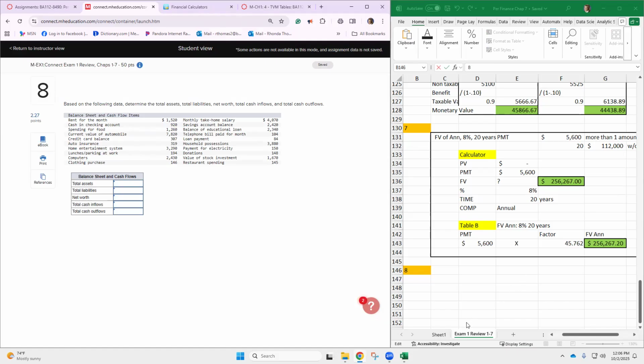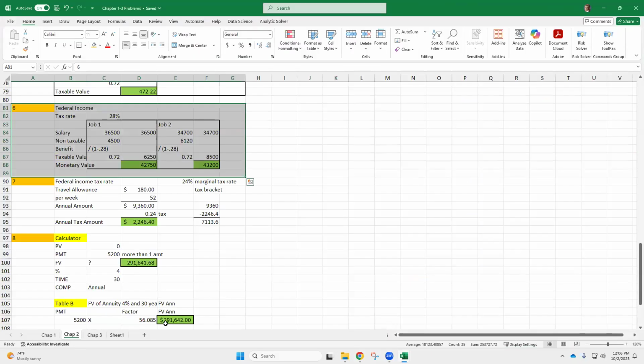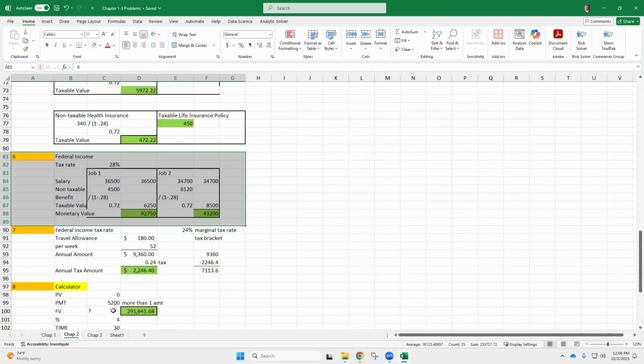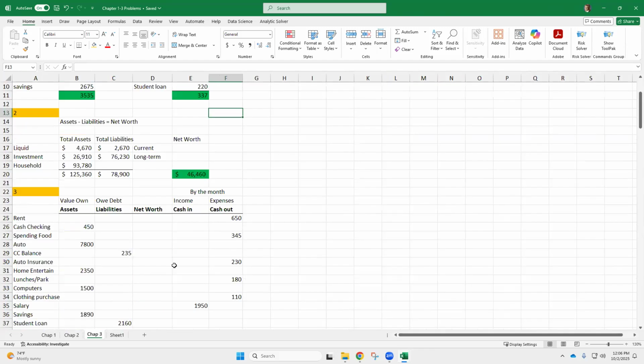Okay, so I'm going to go get my problem. I would make a table out of this. You don't have to write down the items if you don't want to. I can't remember. I think this is chapter 3. I don't see it in 2. Okay, yep, here it is.